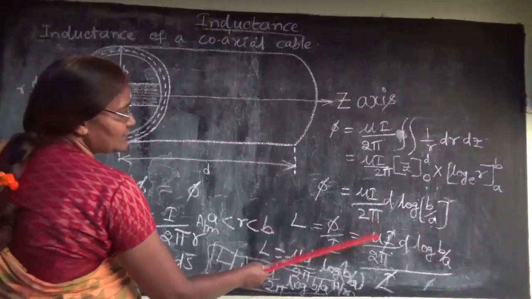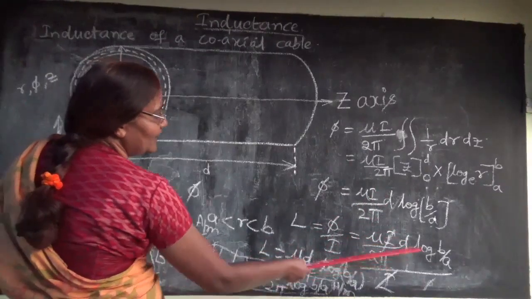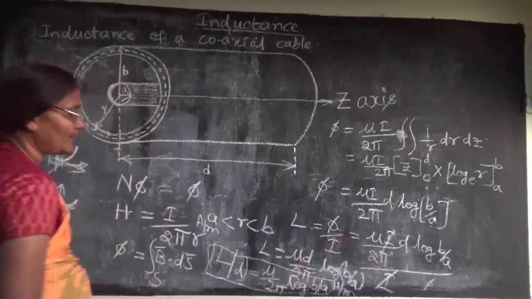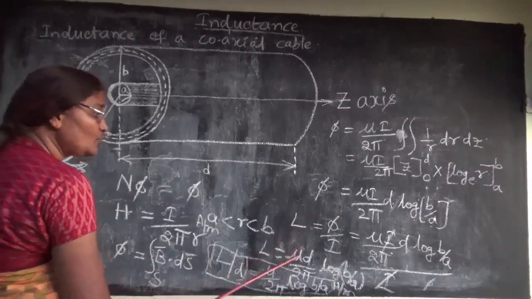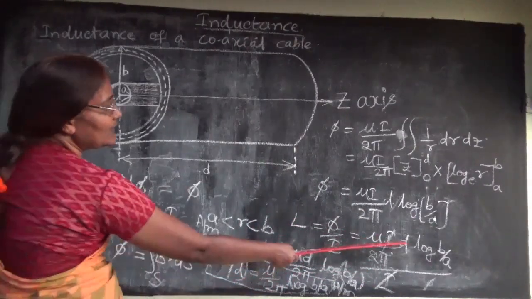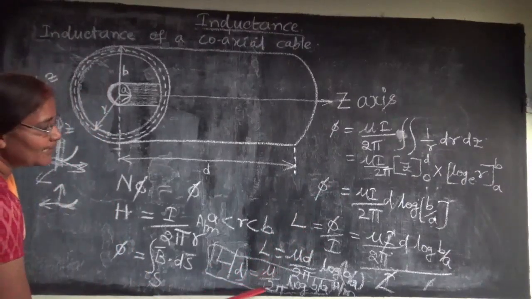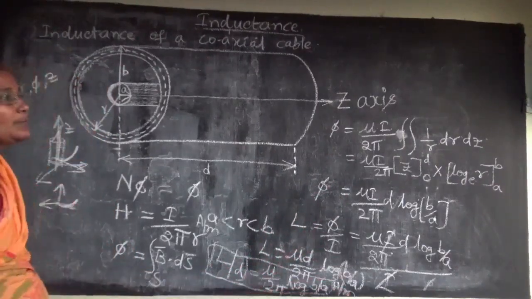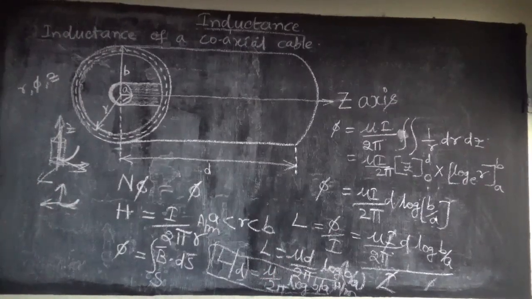So total flux linkage by current, I will be cancelled, mu d by 2 pi log b by a. ఇది ఒరిజినల్ ఫార్ములా. ఇంకా దీంట్లో మోడిఫికేషన్ ఏంటి, ఇండక్టెన్స్ పర్ యూనిట్ లెంత్ క్యాల్కులేట్ చేస్తే ఆ యూనిట్ లెంత్ అవతలకి వచ్చేస్తే L by d. So L by d is equal to mu by 2 pi log b by a Henry per meter. This is about the inductance in a coaxial cable.